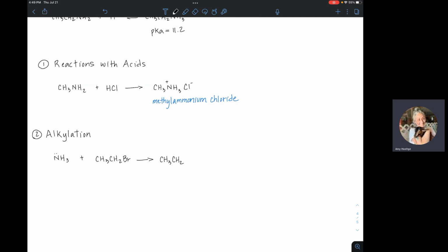So effectively what you get, and then your spectator ion is up here, right? So this is an equilibrium with the amine and the acid, which is probably not fair to say is an equilibrium, right?